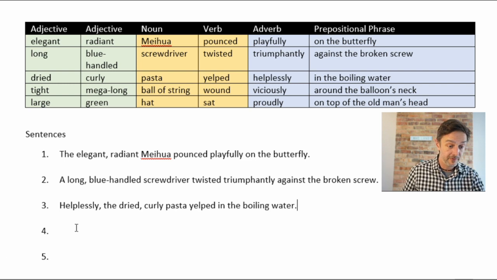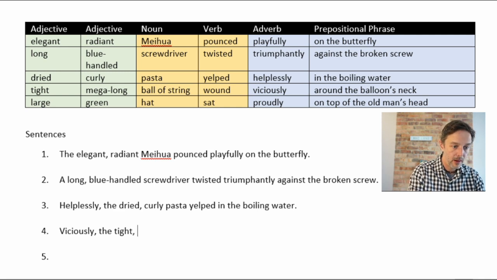So number 4, I'm going to take that adverb. It's a great word to start with as well. Viciously. Viciously, the tight... Oh, I've forgotten something. Not good. Viciously, the tight... What was it?